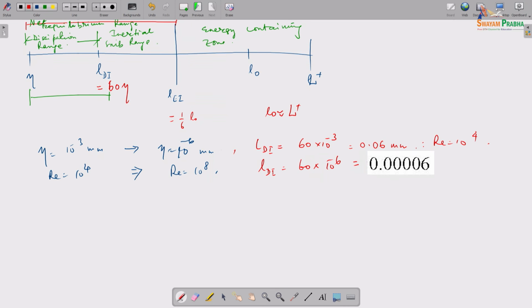So it becomes something like this. So this is the range.